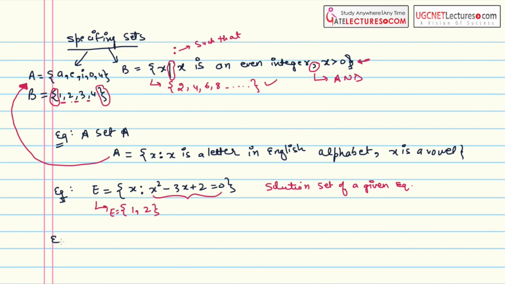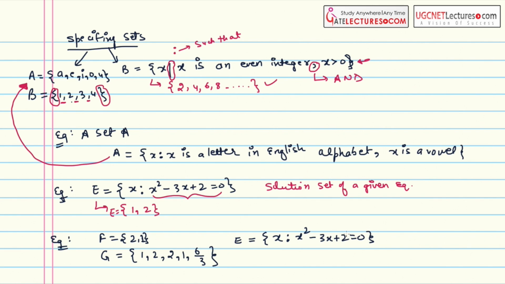If we say there's a set F which is denoting the elements 2, 1, and there's a set G which is denoting the elements 1, 2, 2, 1, 6 by 3, and we also have the notation E is equal to {X such that X square minus 3X plus 2 is equal to 0}, then in all three notations we can say E is equal to F is equal to G, because we are listing the same elements.